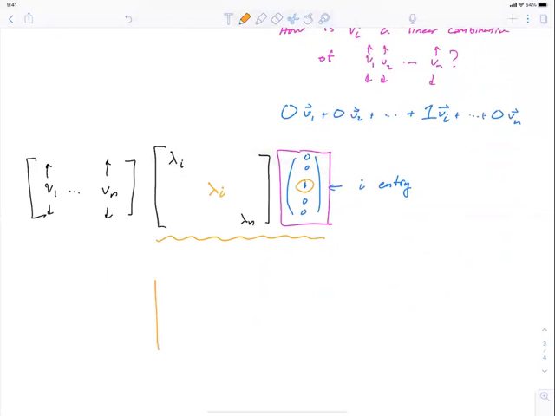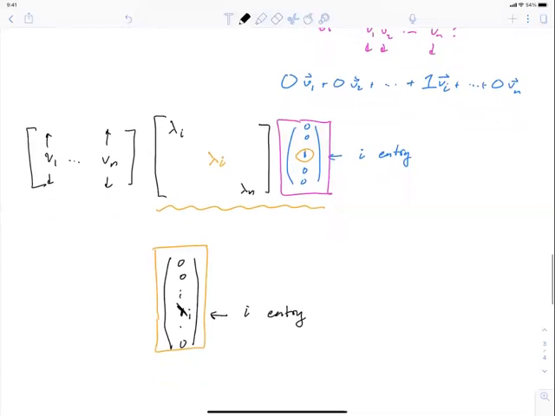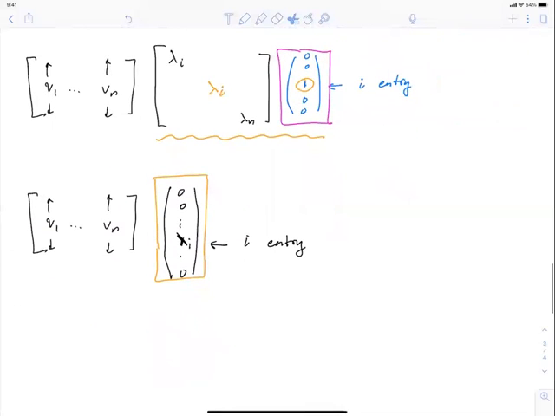So now, instead of a bunch of zeros and a one, we're going to have a bunch of zeros and lambda_i, where this is also now the ith entry. And we're going to multiply that by S.